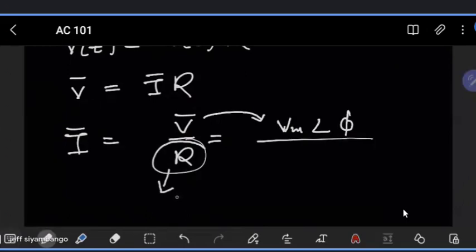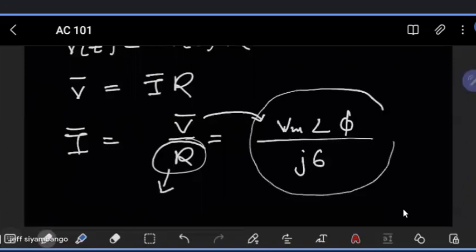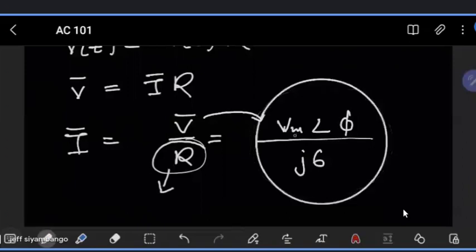But if this is actually impedance, not just resistance, meaning it's coming from an inductor or a capacitor, that will most likely come with a complex value. So you will have something with a J here, like we saw with a J6. Clearly, there's no debate here. You are dividing. Do you see that?